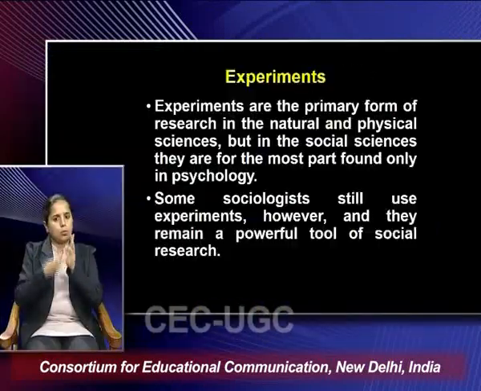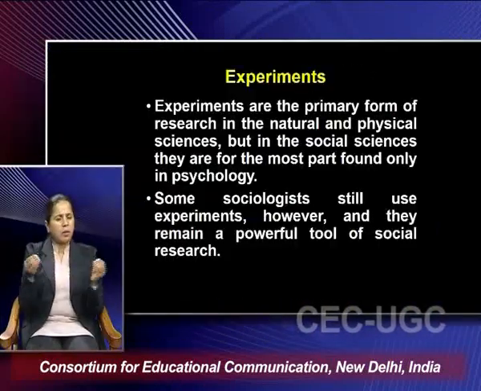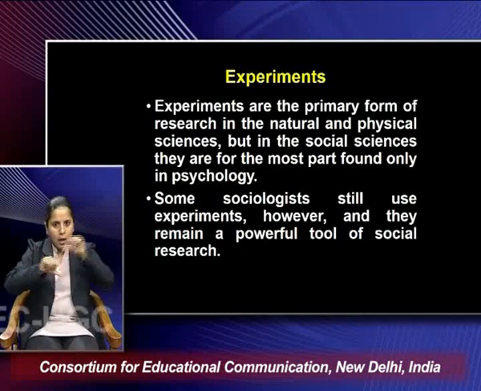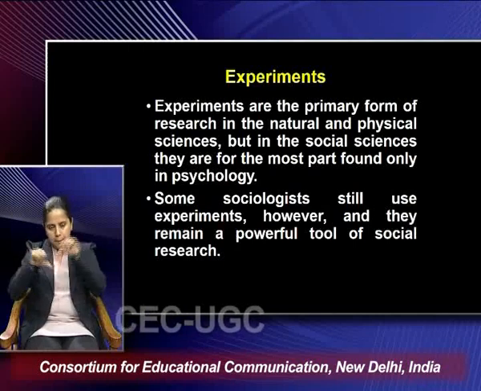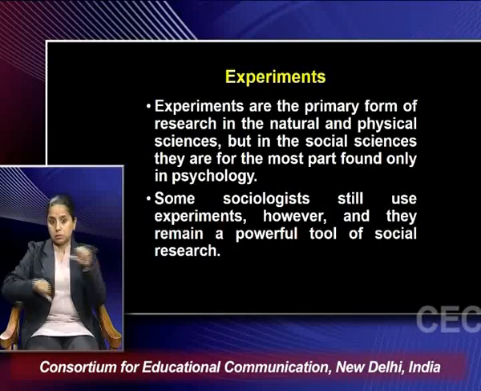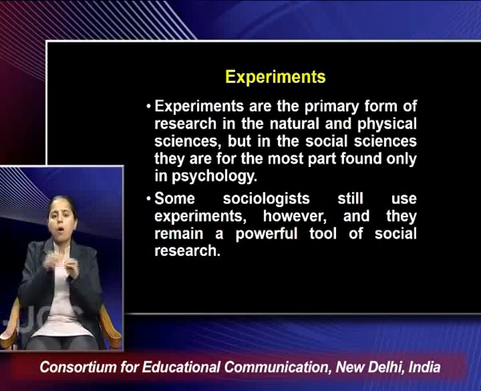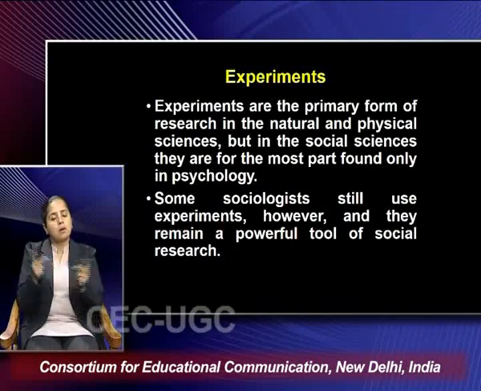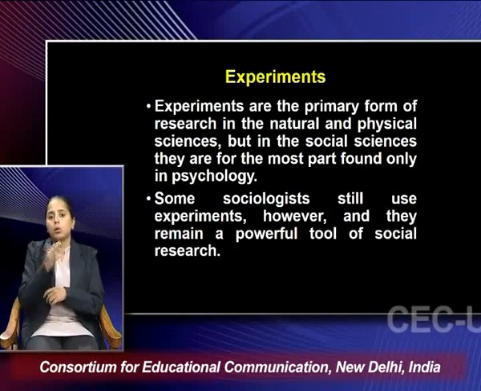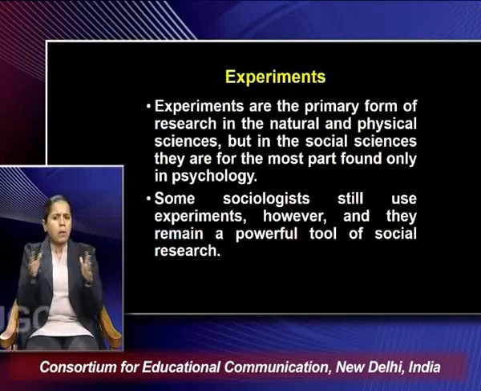The third method is experiments. Now, experiments are more common in physical sciences because you perform an experiment in a closed laboratory and you come out with a result. In social sciences, it's more found in psychology. Yet, some sociologists use experiments, though it is not a very common or powerful tool of social research.